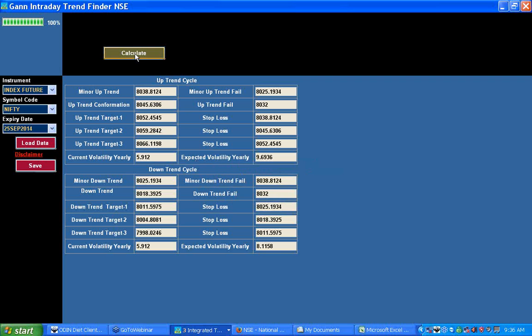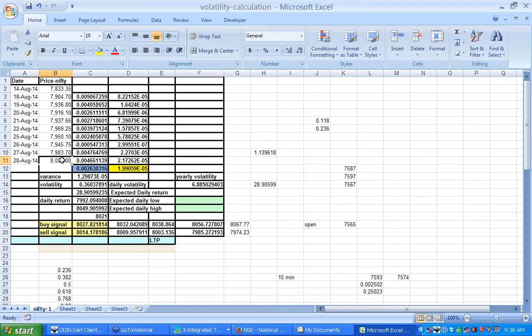So here too I am getting, currently it is 5.91. This is the real-time volatility. The historic volatility we calculated by taking today's opening price and the last 9 days data into reference is 6.88.